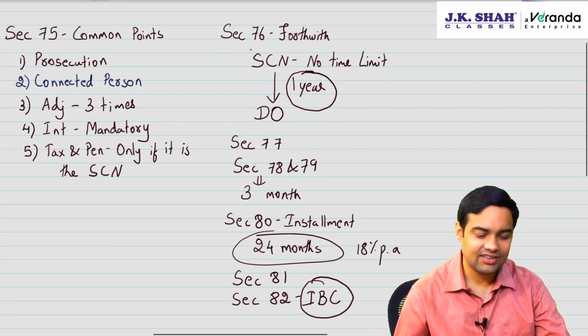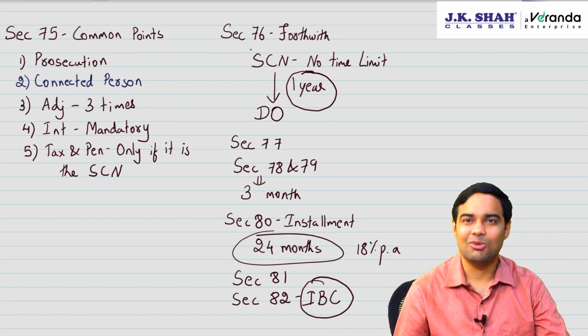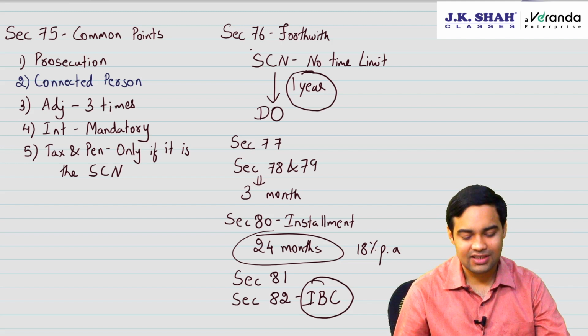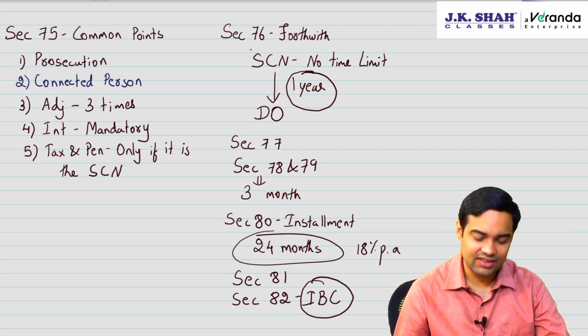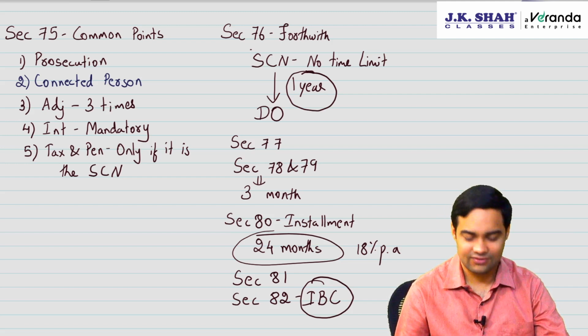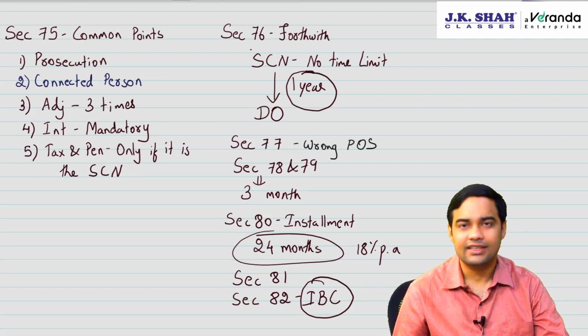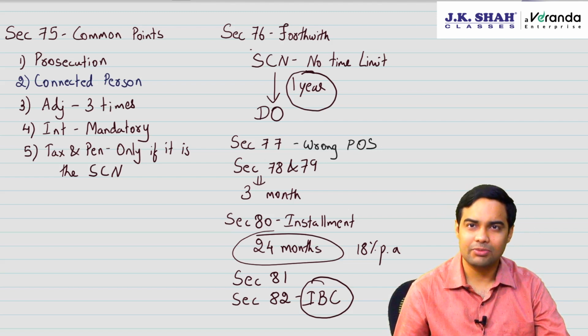Then section 76, the moment you collect an amount representing tax, you have to forthwith pay it. Show cause notice, no time limit, demand order 1 year. 77, wrong place of supply. You remember this. 78, 79, recovery, first 3 months no recovery. And can recovery happen from a distinct person also?